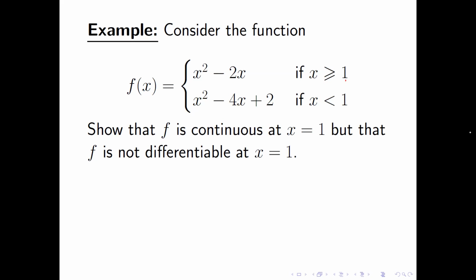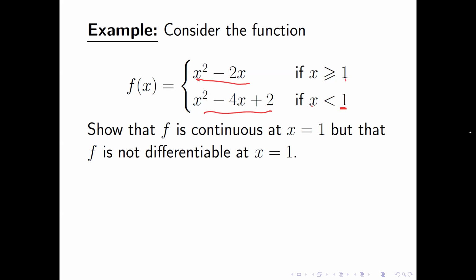When x is greater than or equal to 1, we have this function, and when x is strictly less than 1, we have this function. We want to show if this function is continuous at x equal to 1, and we want to check if maybe this function is differentiable.